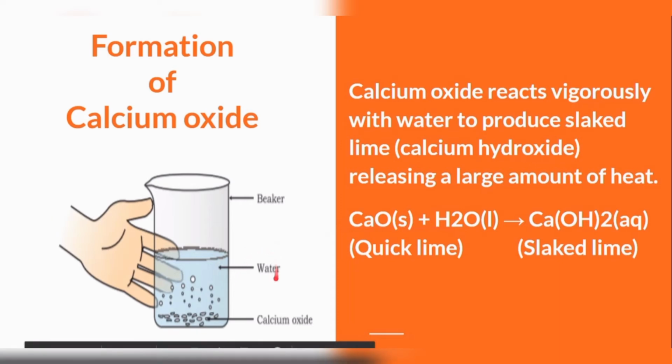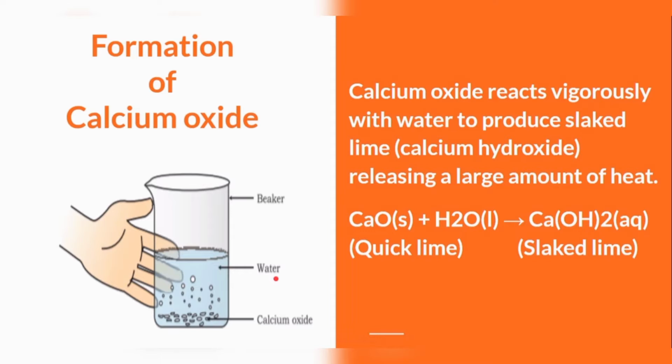So this is an example of an exothermic reaction as well as a combination reaction. So the equation will be calcium oxide, quicklime, reacting with H2O and it produces slaked lime. And this reaction produces a large amount of heat, which means this is an example of an exothermic reaction.